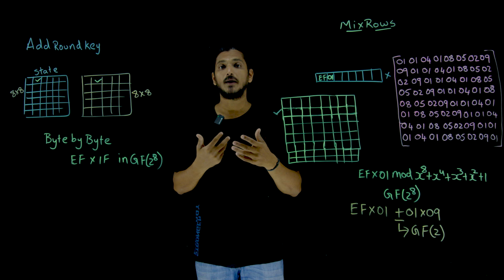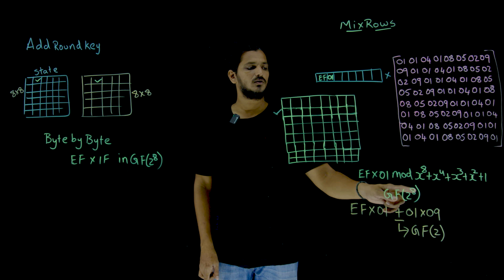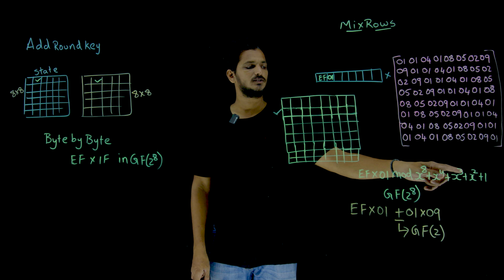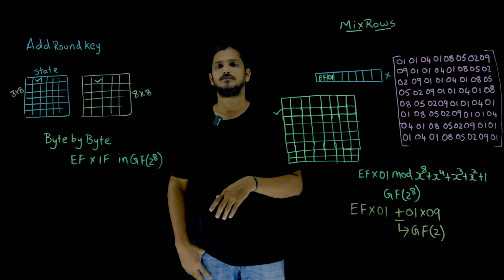Assume the value here is EF and the value there is 1F. EF multiplied by 1F in GF of 2 power 8 means EF multiplied by 1F mod x power 8 plus x power 4 plus x cube plus x square plus 1. This is what we use here.